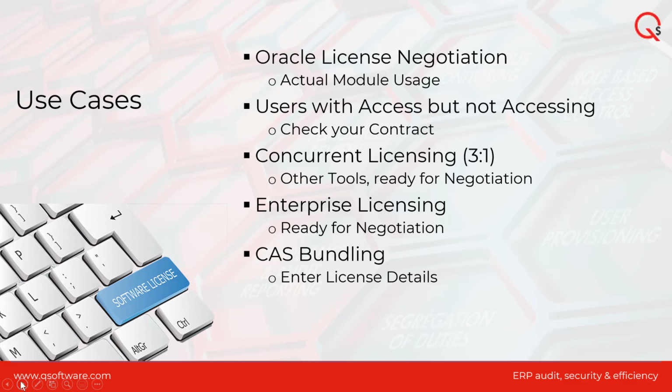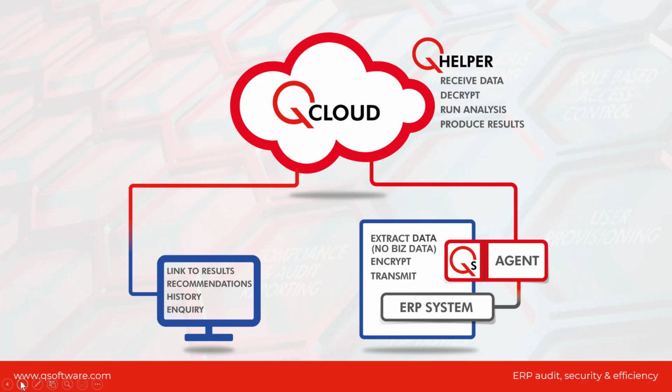So what we're aiming to do in all these instances is give you the data you need. What is it? Well, we use a tool that we have developed called the Q Cloud. It's software as a service. It's a web service, if you like. And what we do is we install a small Java agent on any device that can see your database. It could be on a laptop accessing your JD Edwards database in your data center, or of course it could be in the cloud somewhere.